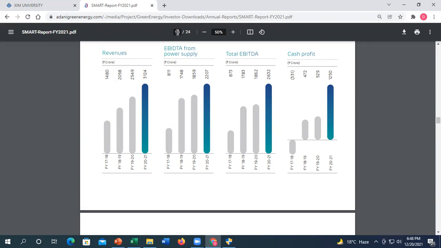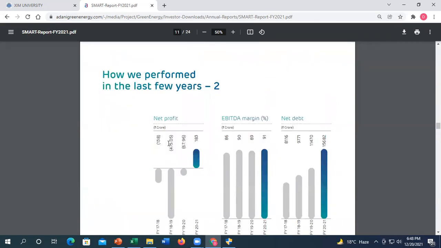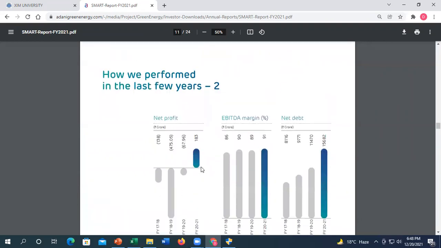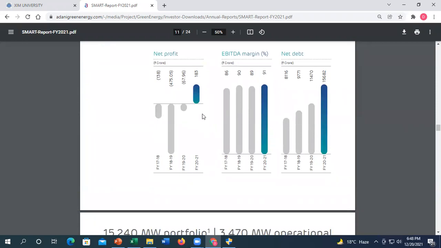And other financial indicators, let us observe: the net profit was negative, and in the latest year, 2021, they started showing a net profit of 183 crore.